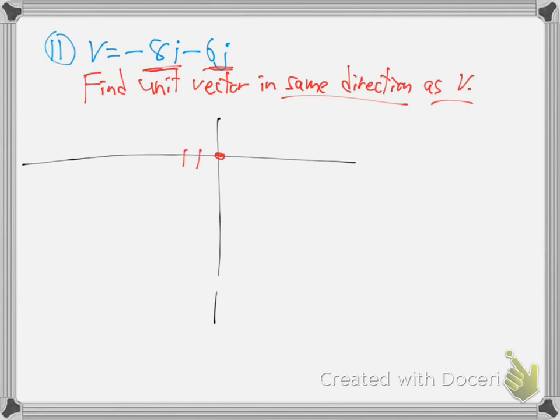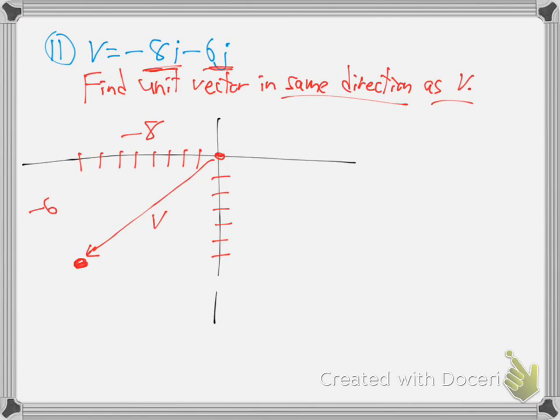So 1, 2, 3, 4, 5, 6, 7, 8. 1, 2, 3, 4, 5, 6. So back 8, down 6, like that. So there's the vector v, right? We're good there? So that's vector v.